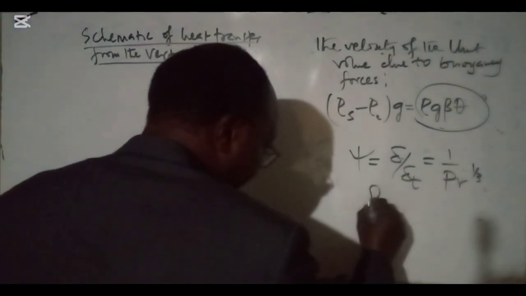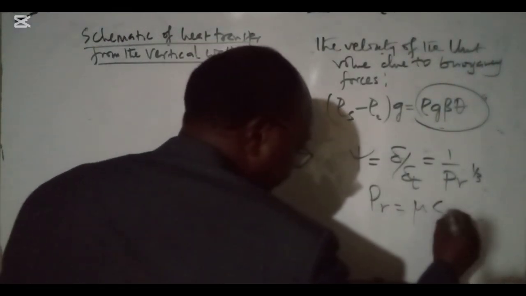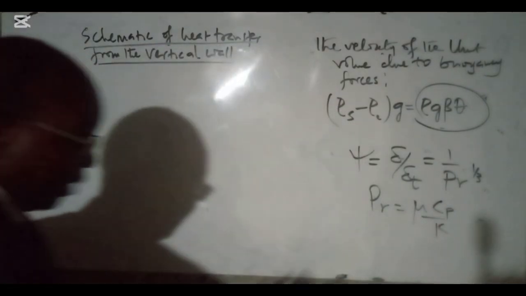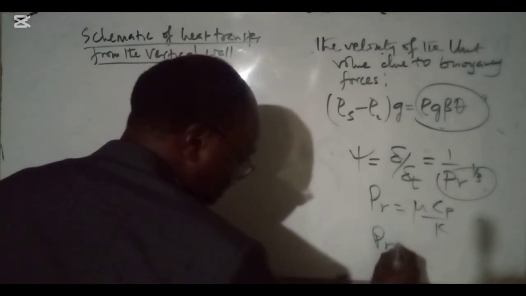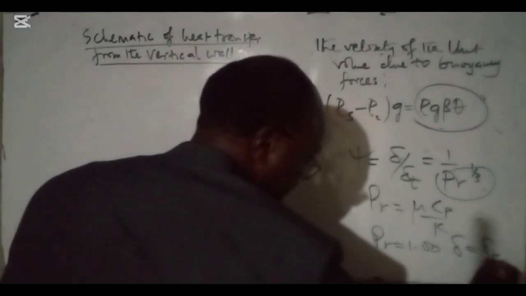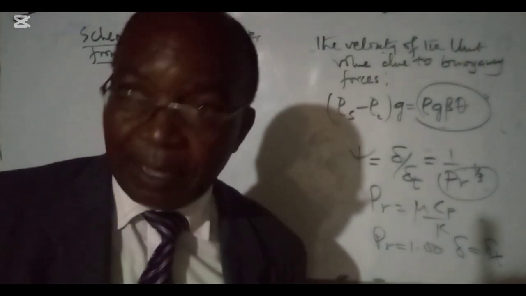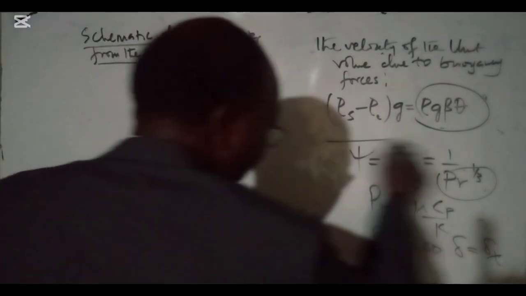And remember, Prandtl's number we said was the dynamic viscosity times Cp over thermal conductivity. So when Prandtl number was 1, the velocity and the thermal boundary thicknesses were the same. Don't forget that. This we said was for laminar flow.